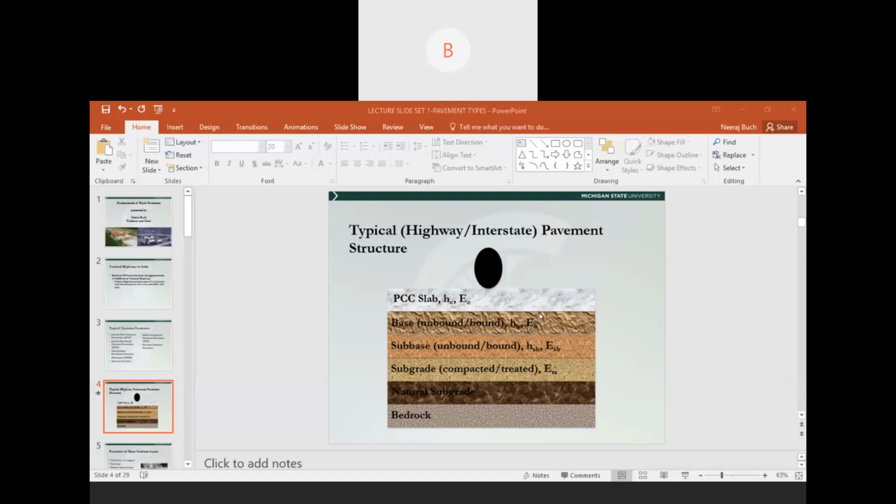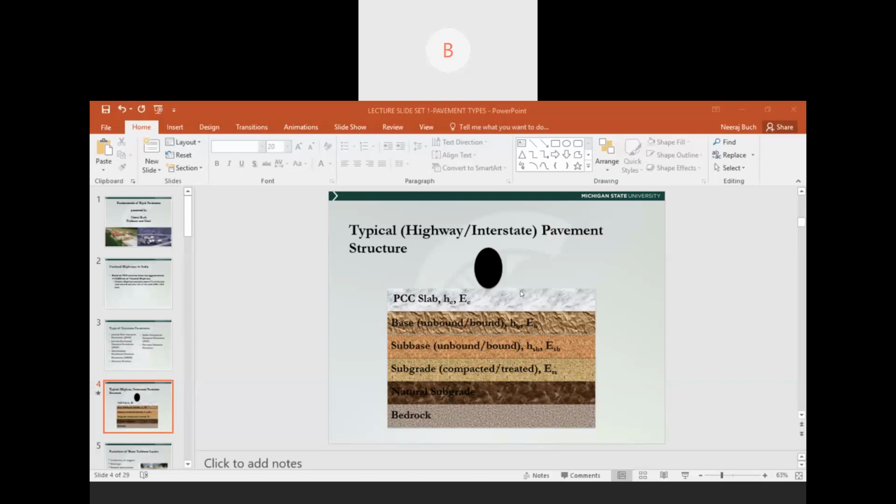Now, there are multiple sources of stresses in a concrete pavement. One, of course, shown here in the slide, is the load stress due to trucks. Another source of stress is the environment, both changes in temperature as well as changes in moisture induced environmental stresses in the concrete pavement.